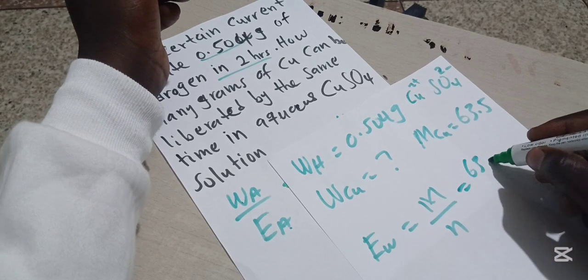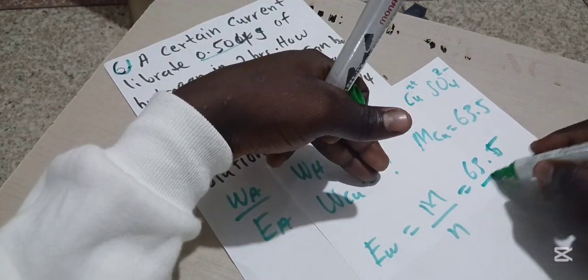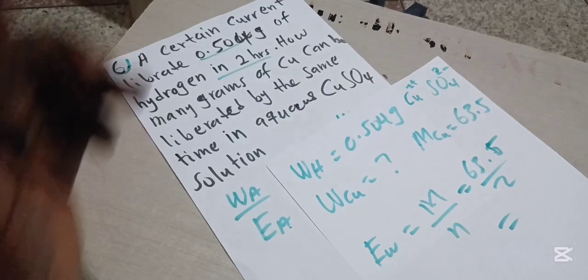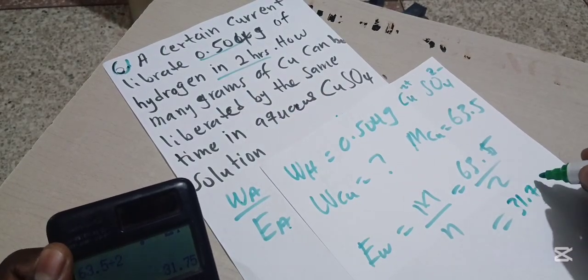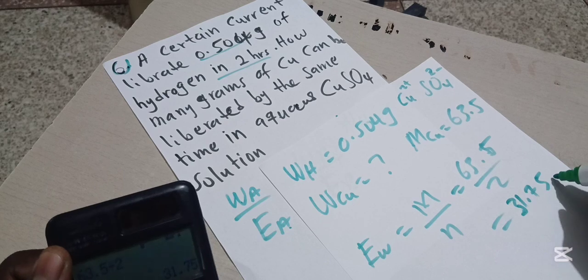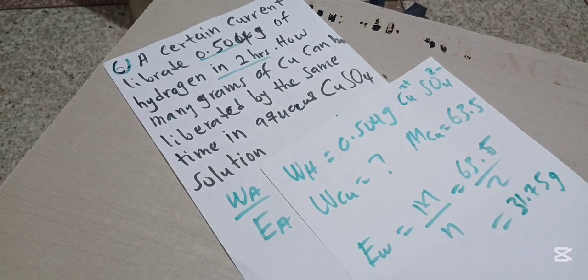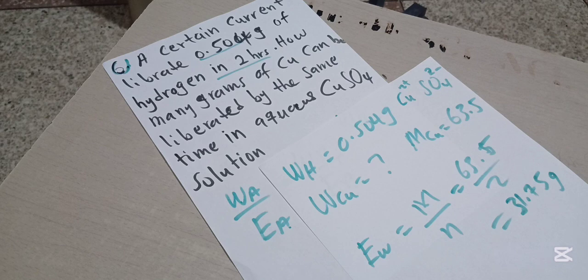So 63.5 over 2 gives us 31.75 grams. That is the equivalent weight for copper.